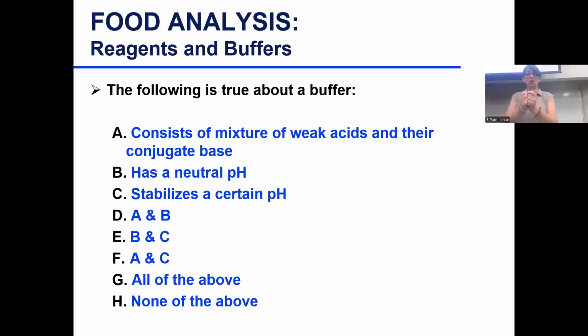So the weak acid will give an H when the pH tries to become more basic, and the conjugate base picks up the proton when the environment is trying to become more acidic, and then the pH maintains. Okay, we'll talk more about that, but that's the concept of stabilizing the pH.